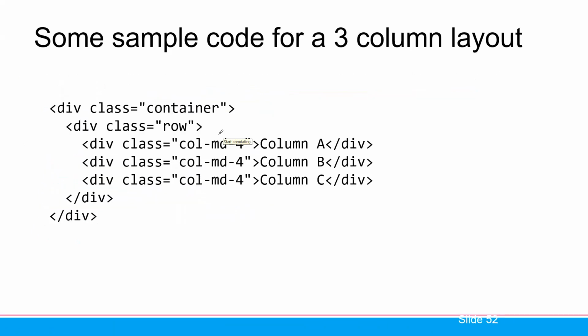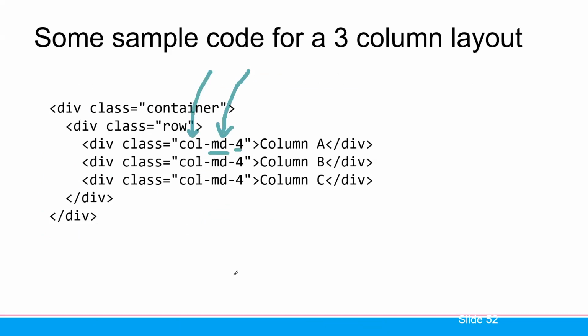So this is the example I mentioned before. When you create a column MD, it means the grid size will fit the medium size. The medium size can be for the tablet. And we have the 4.